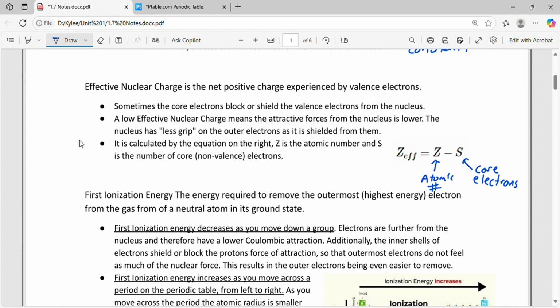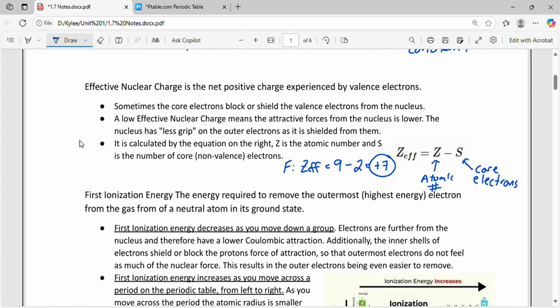So for example, if I wanted to do this for an atom like fluorine, fluorine's Z effective. Fluorine is atomic number 9, and only 2 of those are core electrons. So it's going to have an effective nuclear charge of +7, which is actually very large. Now, what does this number mean?